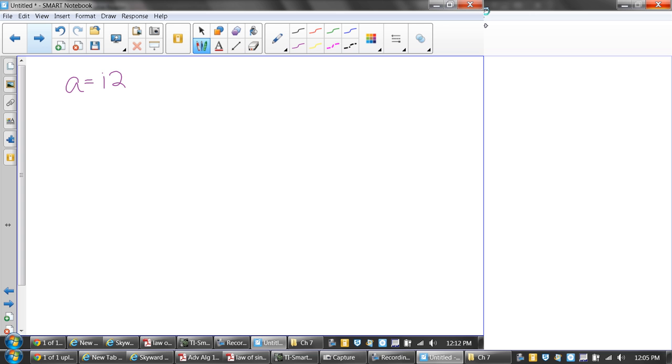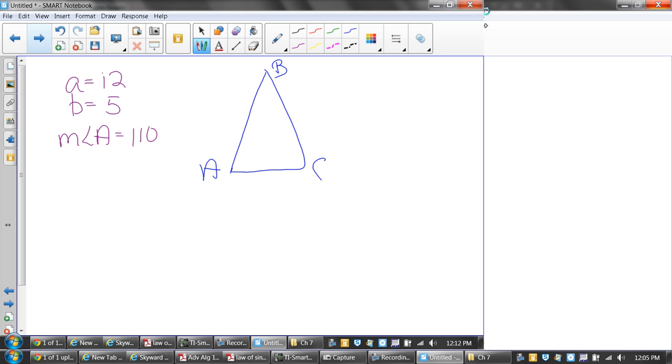Okay, so a is 12, b is 5, measure of angle A is 110. Okay, first, picture? A, B, and C. So 12 goes here, right?